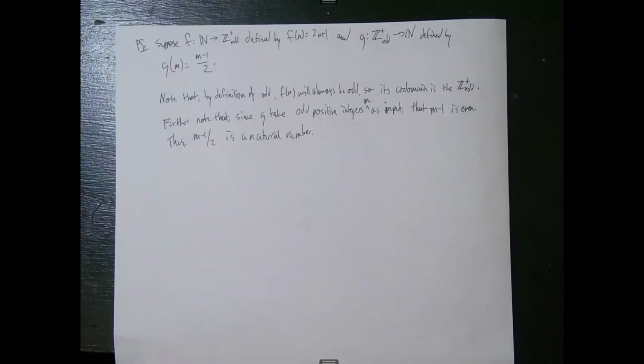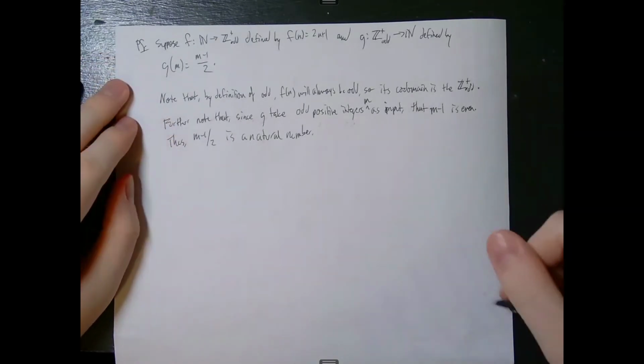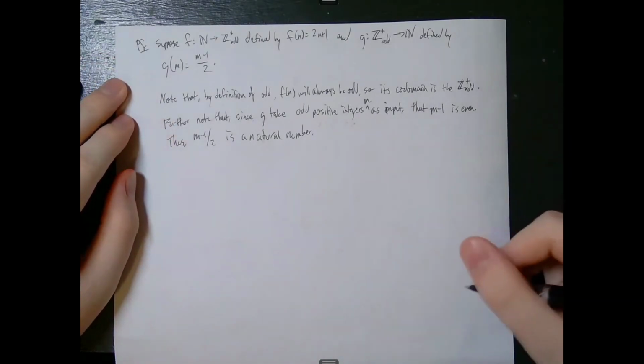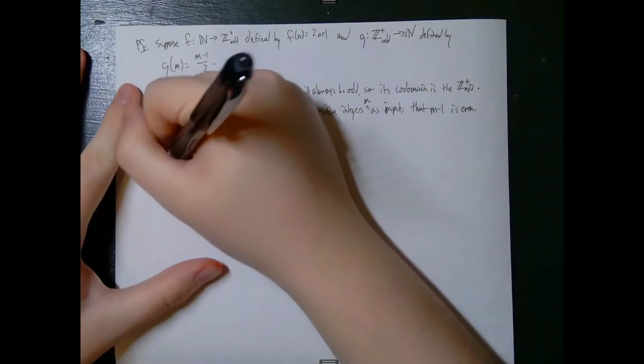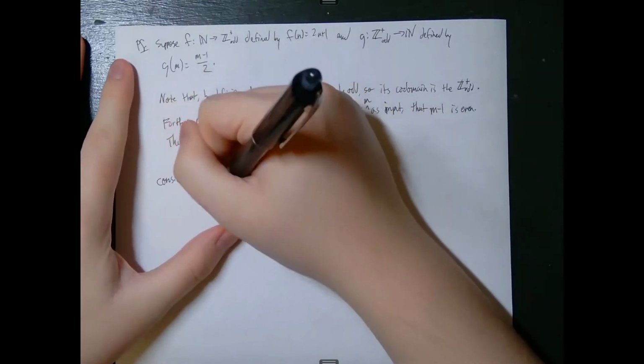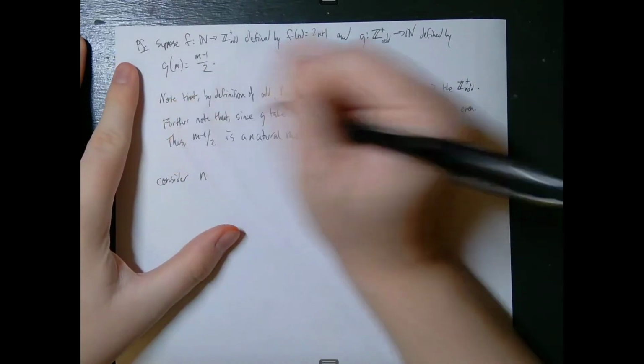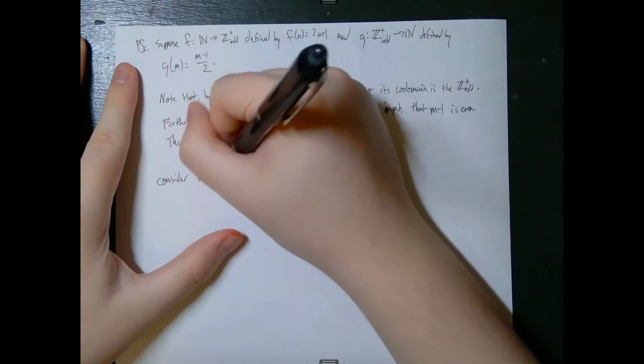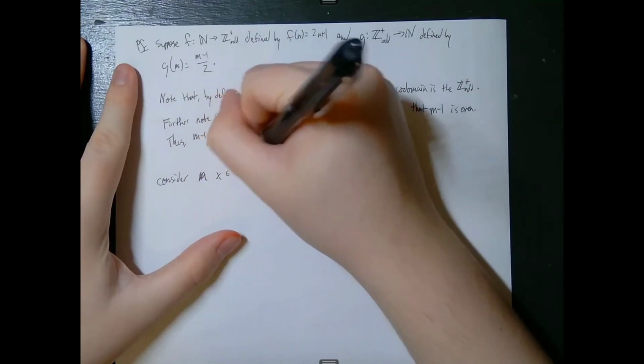So from here, what we can do is then check to make sure that f composed with g and g composed with f undo each other. So now we'll say consider, I'm not going to use n, I'll use x in the natural numbers.